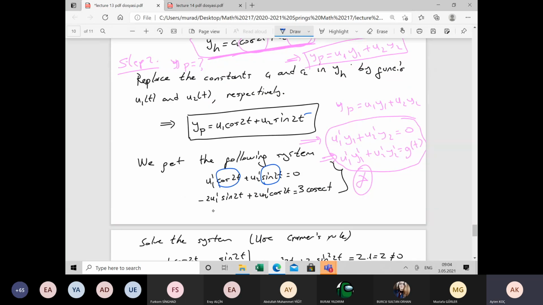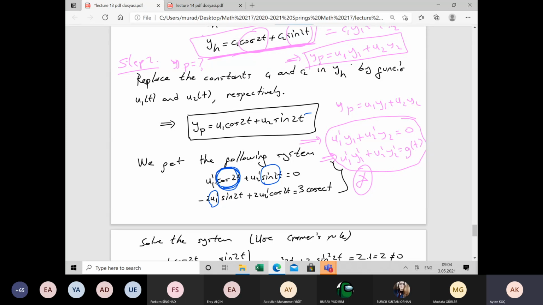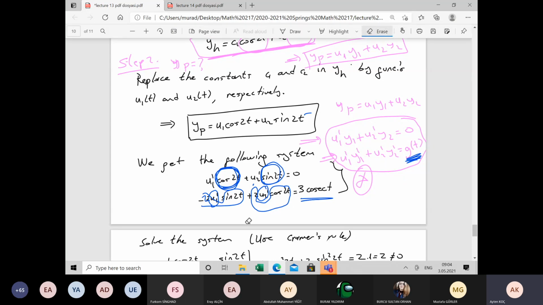Take the derivative: U1 prime times the derivative of y sub 1, cosine 2t, which is minus 2 times sine 2t, plus U2 prime times the derivative of sine 2t, which is 2 times cosine 2t, and this should be g of t, 3 cosecant t. So we obtain this system.